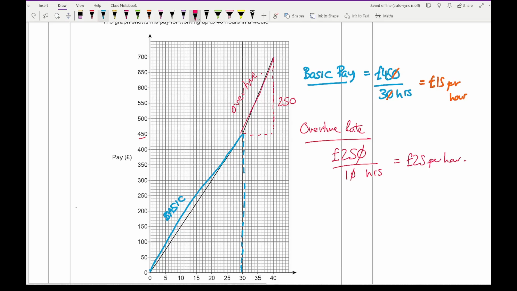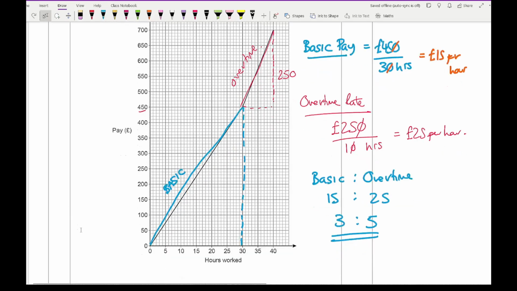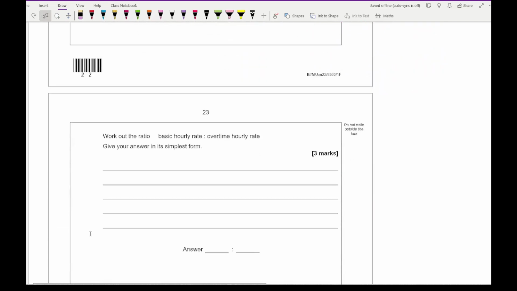So then all that's left for me to do is write this as a fraction. So we're looking at basic to overtime. And basic is £15 per hour, overtime is 25. Simplifying the ratio, I can divide both numbers by 5, so it becomes 3 to 5. So I just need to write 3 to 5 just there, and we're done for that question.